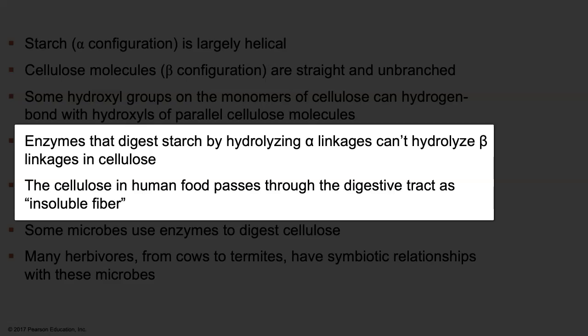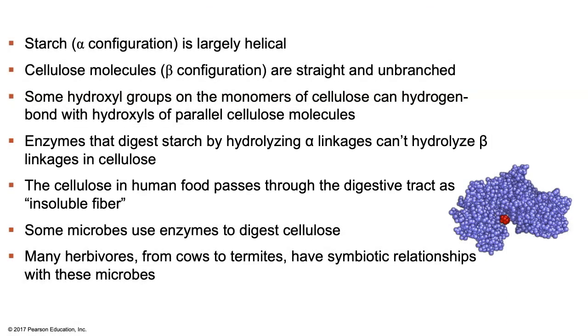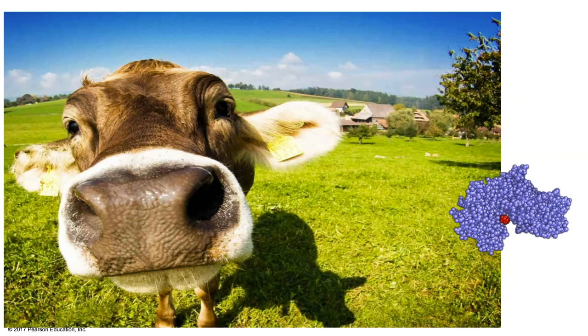This is because we lack a specific enzyme that's required to break the 1,4 beta linkage in cellulose polymers. Herbivores like cows also, fun fact, lack this digestive enzyme to break up cellulose.